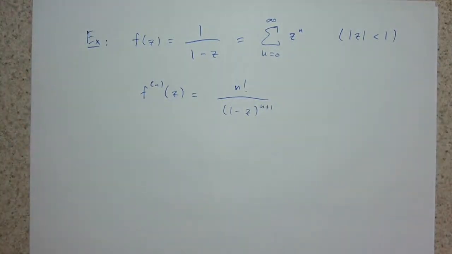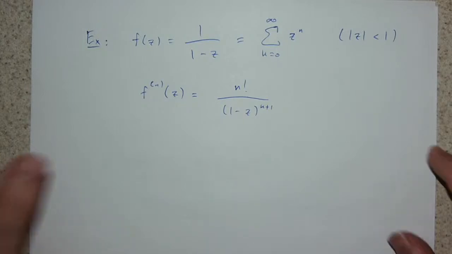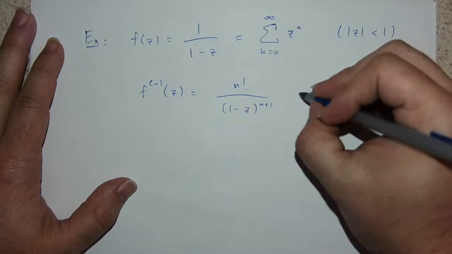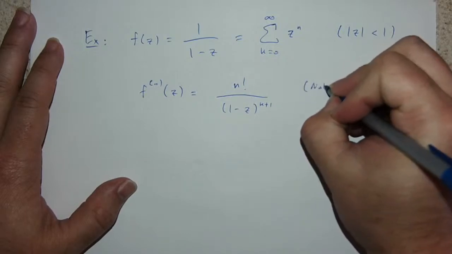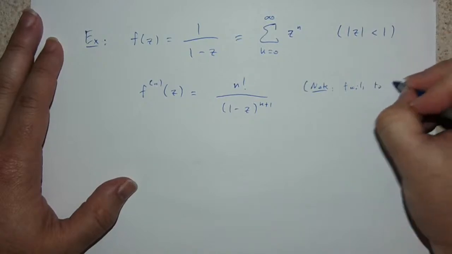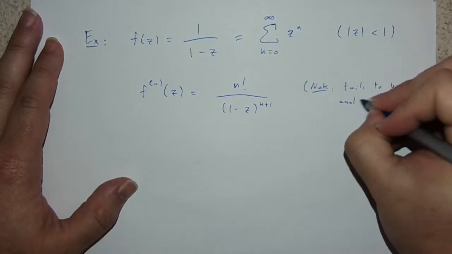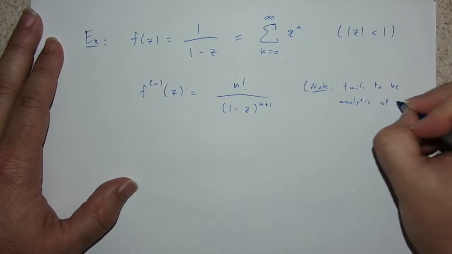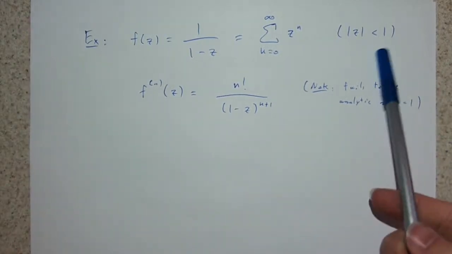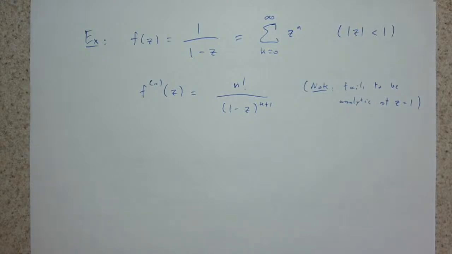Notice this fails to be analytic at z equals 1, which is why this condition is important, else this doesn't make any sense.